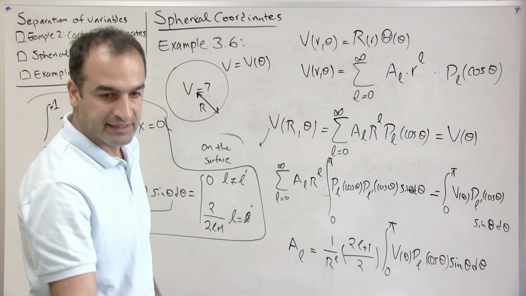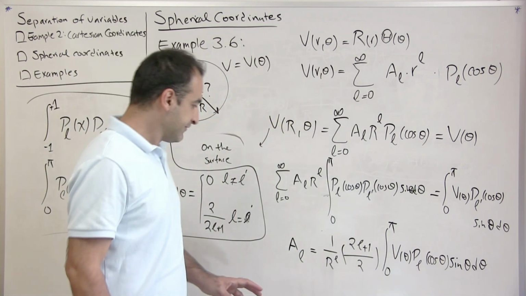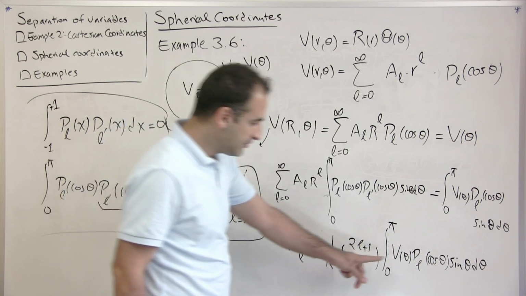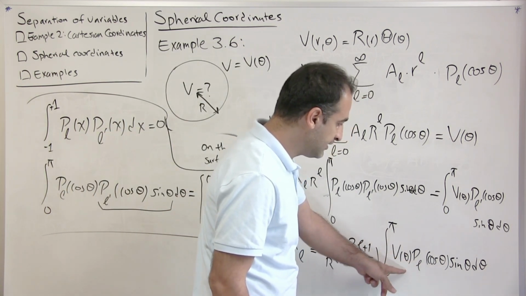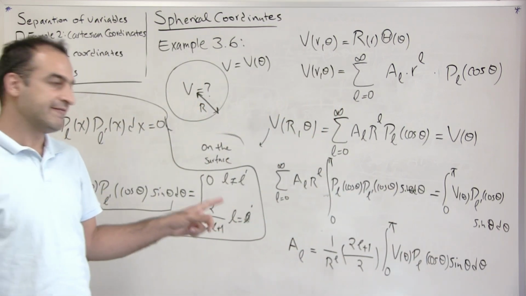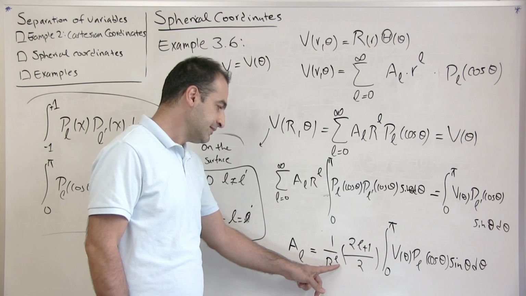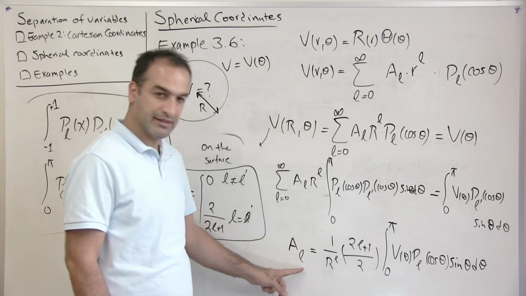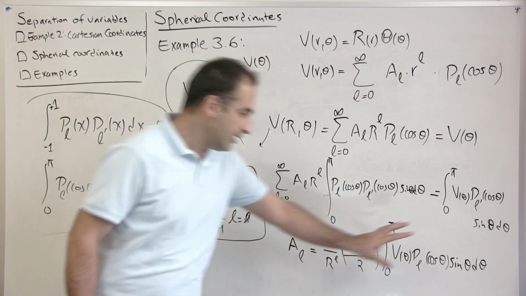So if we know the value of R and the functional form of V(theta), we can do this integral, and for any values of L from 0 all the way to infinity, we can calculate A_L.